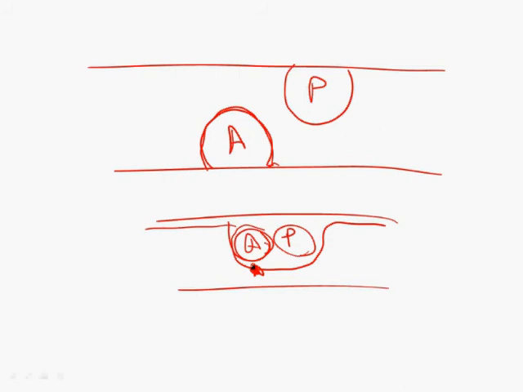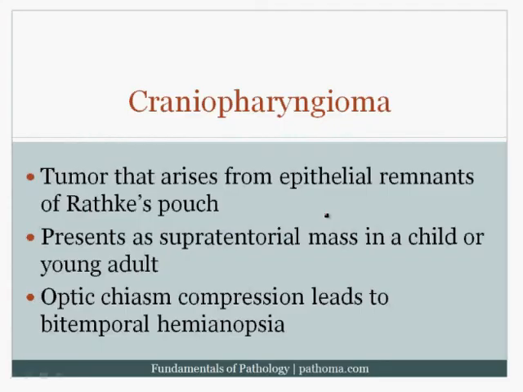Now think about the word. Cranio means in the cranium, pharynge means that you're arising from the pharynx, and oma means that you have a mass. Now of course, this tissue here, the remnants of Rathke's pouch, arose from the upward protrusion of the pharynx. Now again, notice that it's sitting here in the sella turcica, and it can then produce classic symptoms, which we'll talk about in a moment.